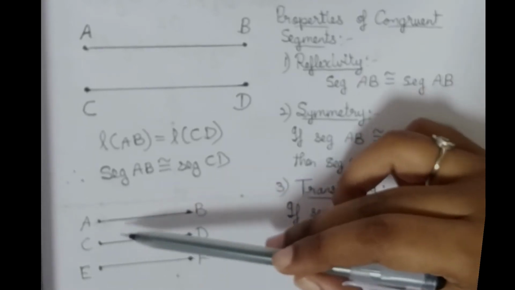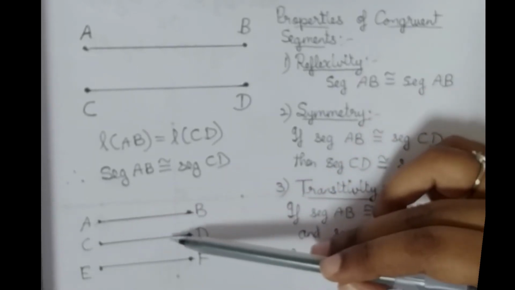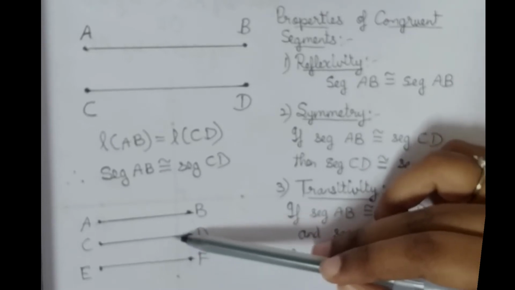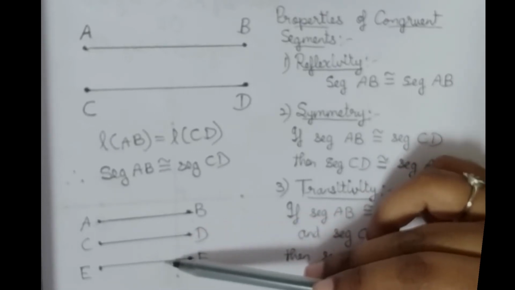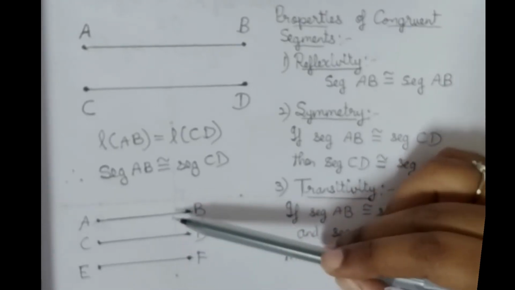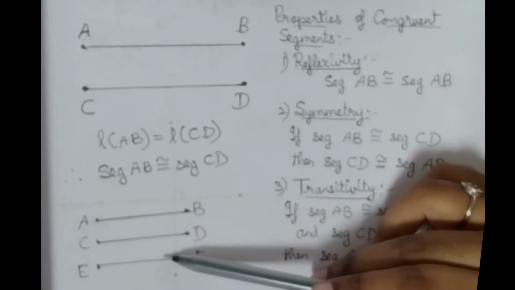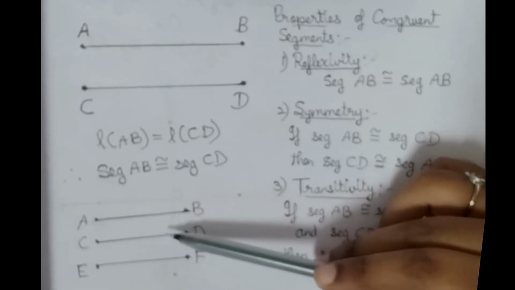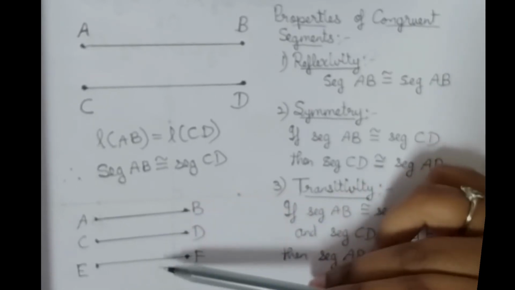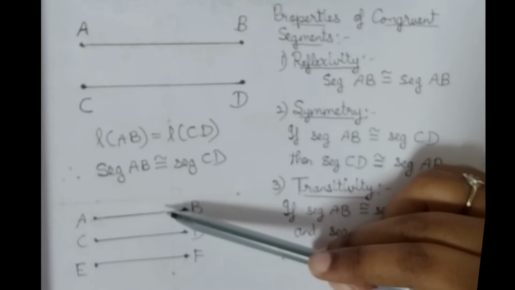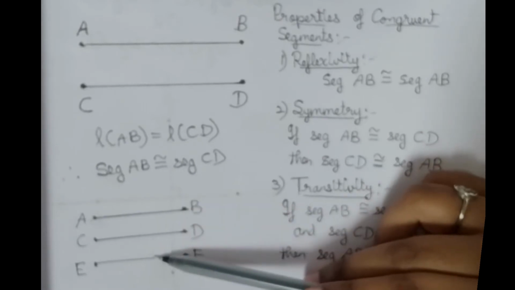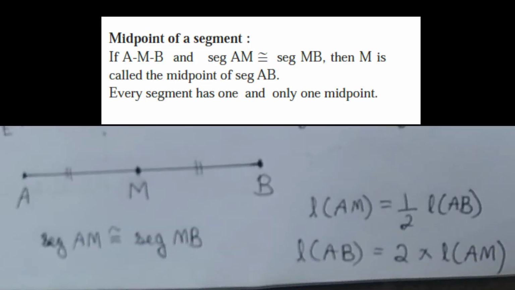If AB is congruent to CD, and CD is congruent to EF, then automatically AB will also be congruent to segment EF.